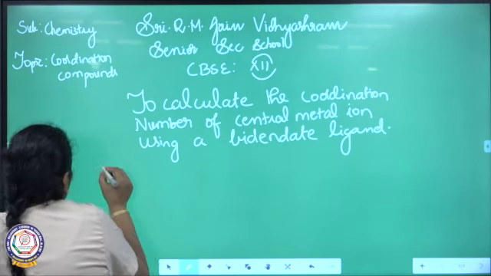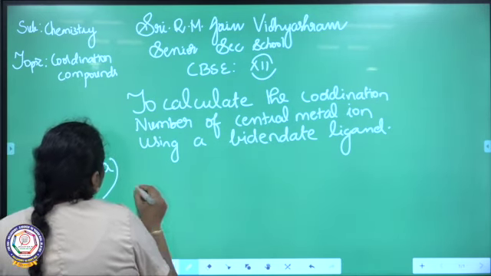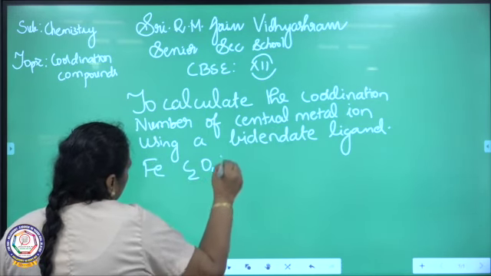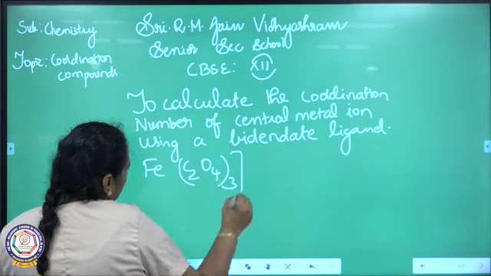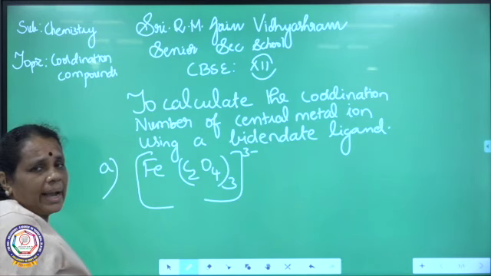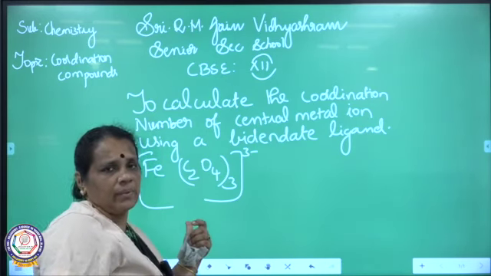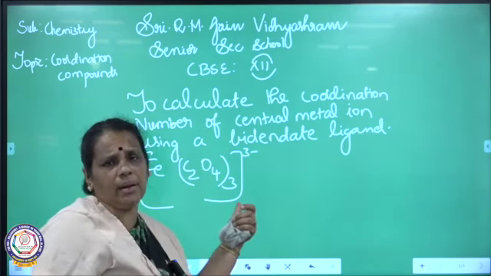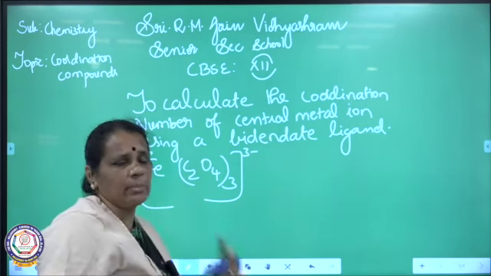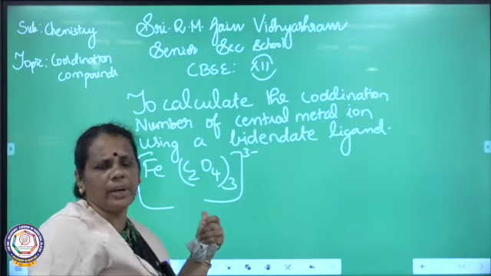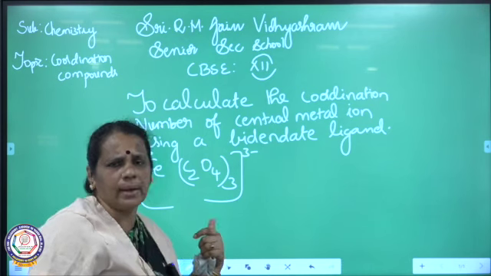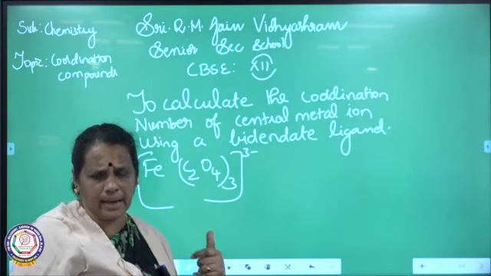The very familiar example is a compound like this. Iron is the central metal ion here, where it is bonded with 3 oxalate ions. Already I told about oxalate ion. So, oxalate ion is a bidentate ligand.